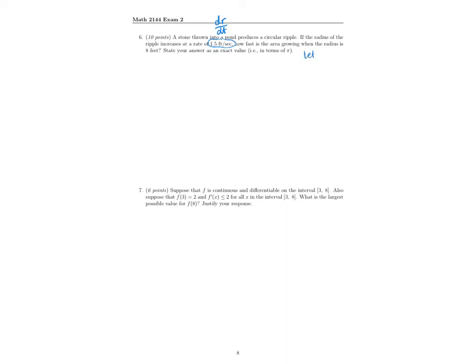So let's let r be the radius of the ripple in feet, and let's let A be the area contained in the ripple, in square feet. We're given dr dt, and we want to find dA dt.